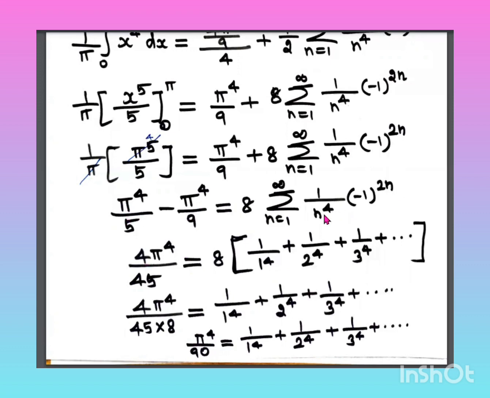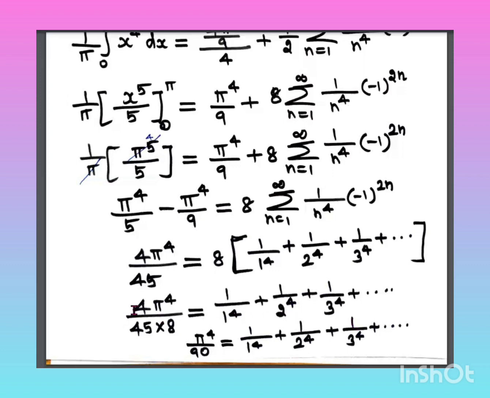Instead of n, apply 1 to infinity: 1 divided by 1 power 4 minus 1 power 2, 1 divided by 2 power 4 minus 1 power 4, 1 divided by 3 power 4 minus 1 power 6. The powers minus 1 power 2, minus 1 power 4, minus 1 power 6, everything will be positive. So 4 pi power 4 divided by 45 into 8 is equal to 1 divided by 1 power 4 plus 1 divided by 2 power 4 plus 1 divided by 3 power 4 plus etc.